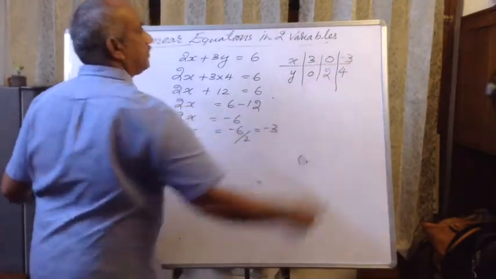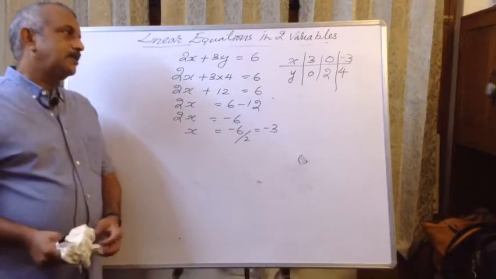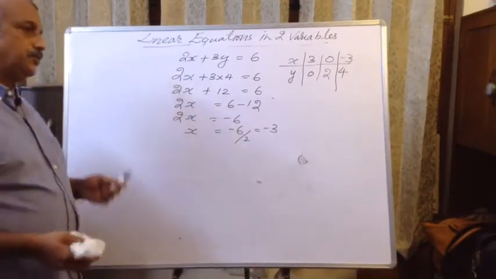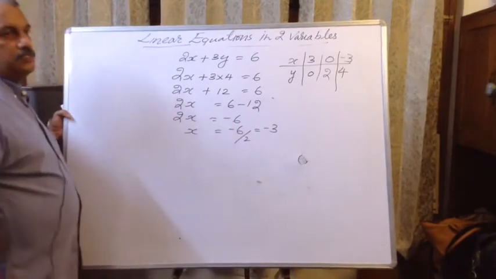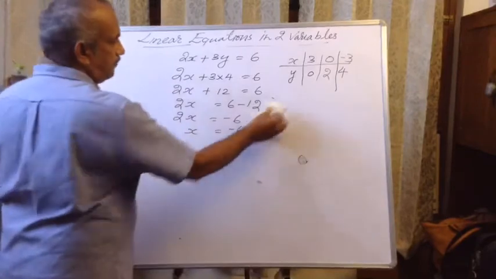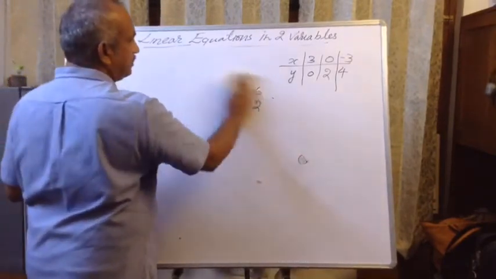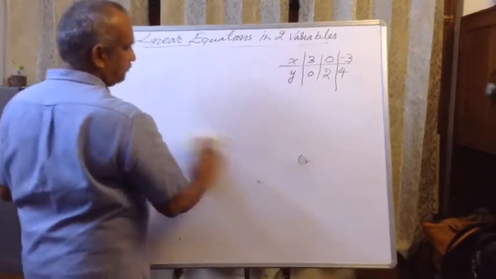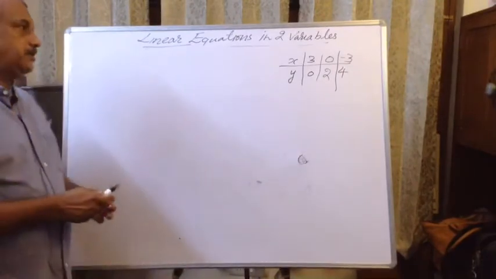Like this, do a little mental calculation and find at least two correct solutions. I told you, if it is 0.5, no problem. If it is 3.5, 4.5, 5.5 or negative, we can mark it. If it is 4 by 3, then it is not easy to mark. So it is better to find at least two in terms of integers.